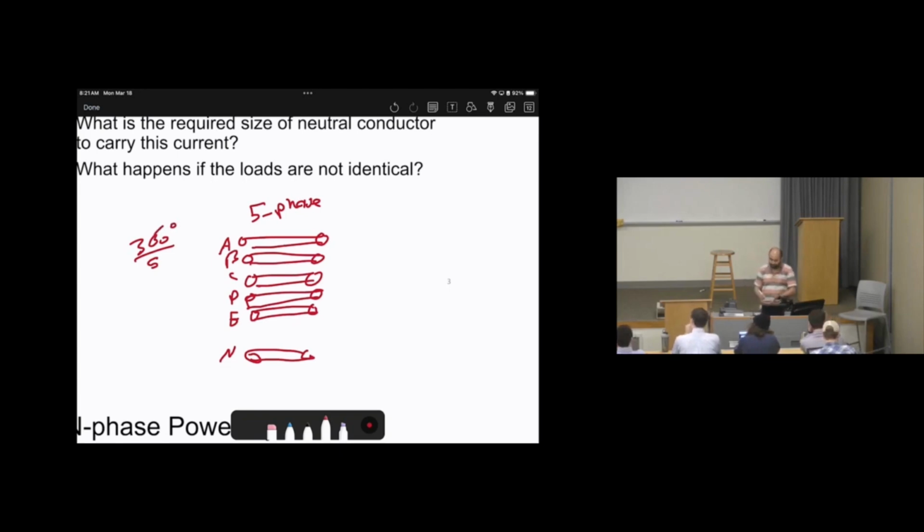In 5-phase, we have 5 positive and 1 returning current for the neutral. So 5 phases means we have 6 conductors, giving 5 times the power. In other words, 3 times the cost gets you 5 times the power. This means we can save even more money than with the 3-phase, right?